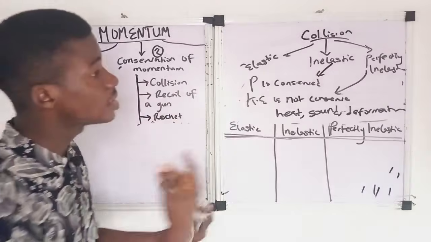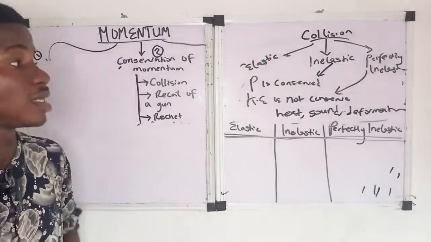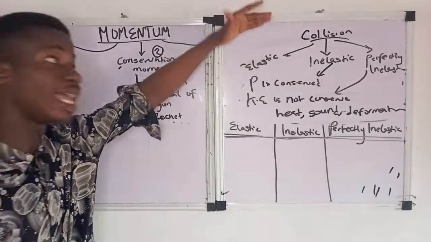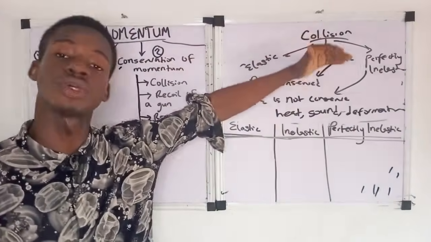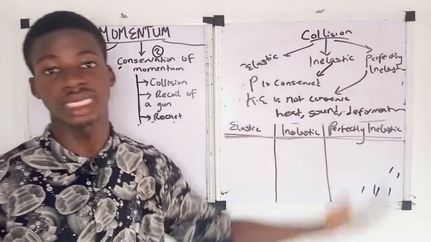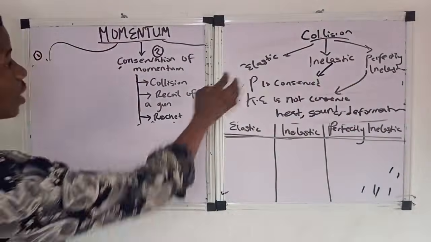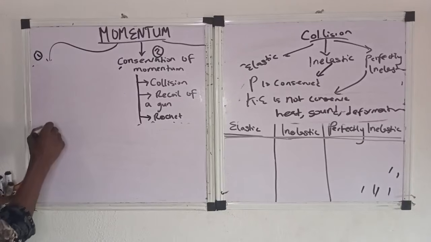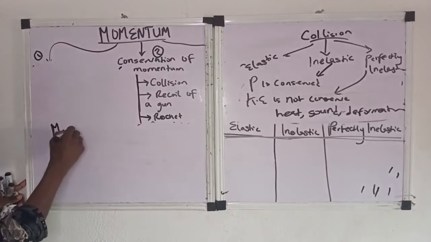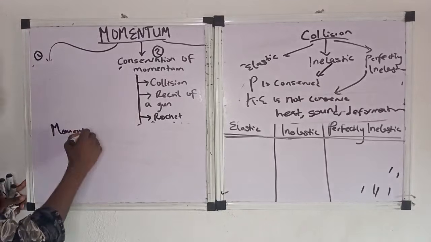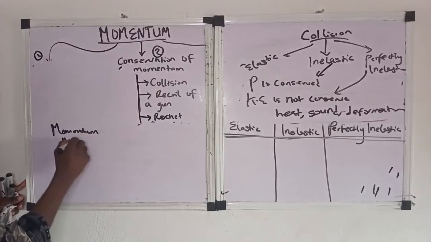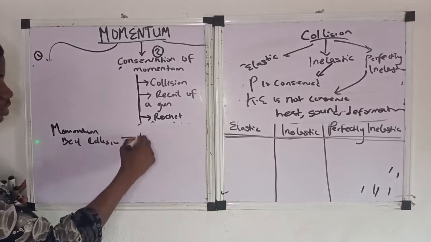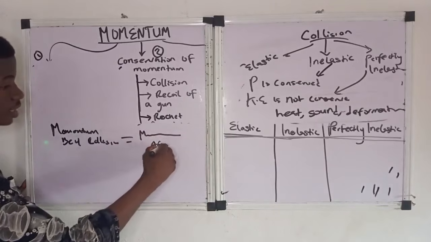So now, what formula can we use to calculate for elastic collision, inelastic collision, as well as perfectly inelastic collision? Under elastic, very important, according to the law of conservation of momentum, the momentum before collision equals the momentum after collision.